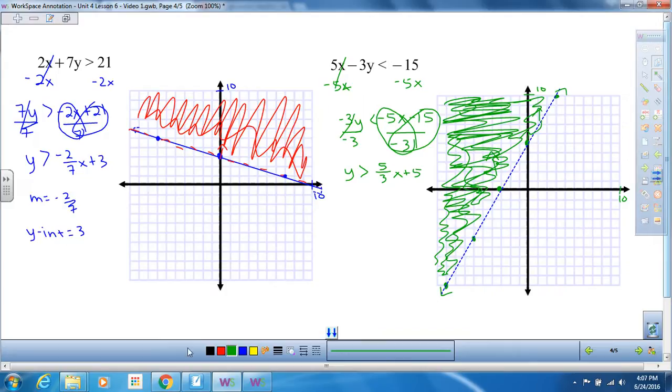Okay, so what the shading means is that any point inside this shaded region is a solution to my inequality. It's a true statement. So for example, let's say I'm just picking this point here. That's 1, 2, 3, 4, 1. So -4, 1. So that means if I plug -4, 1 in for x and y, I'm going to get a true statement.